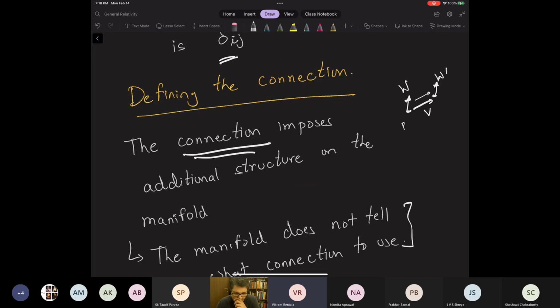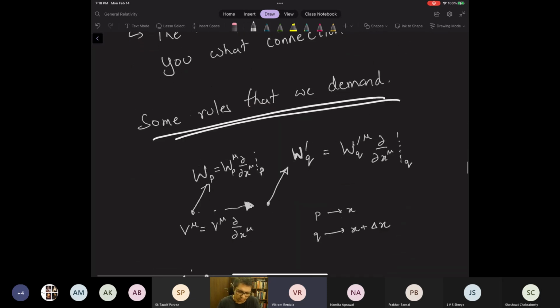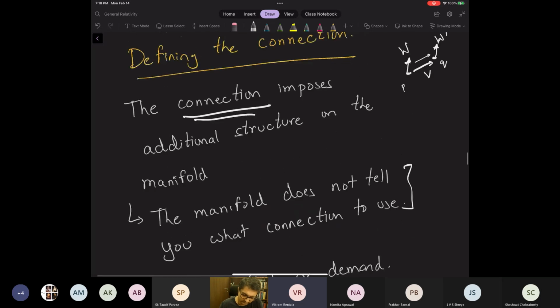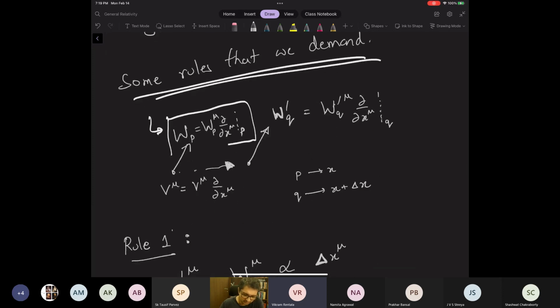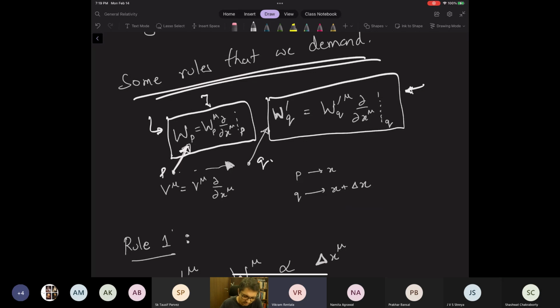I'll suppress the fact that this is at P and this is at Q, so let me just write W_P and W prime_Q. W_P in components in some coordinate system we would write like this: W_P^mu partial x^mu at P. W prime_Q we would write like this: W prime_Q^mu partial x^mu evaluated at Q. We want to transport this vector from the point P to the point Q along some direction, where we define a vector V, which in components is V^mu partial x^mu.